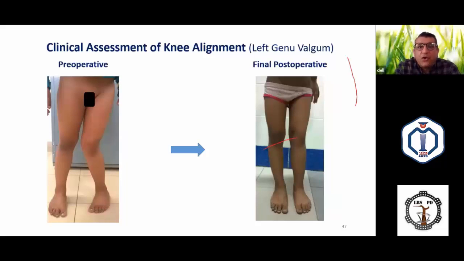You have to follow the patients for a longer time, first of all, as we said, to exclude any recurrence or detect it early, or to exclude a rebound phenomenon that has been reported in the literature. You have to make sure that patients are still maintaining this alignment.